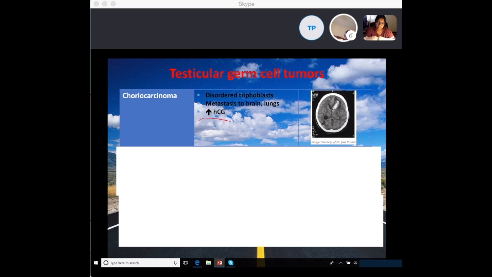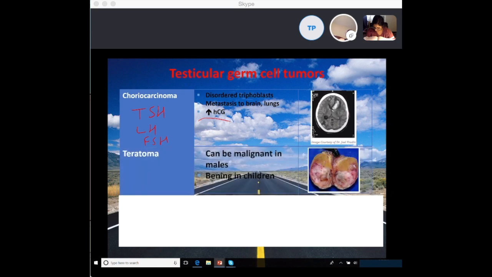Any tumor that has elevated HCG can have symptoms of hyperthyroidism because HCG is structurally similar to what? TSH, LH, FSH. Very good.